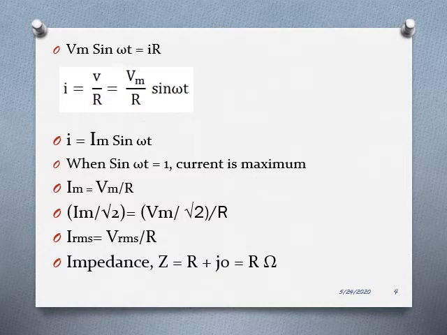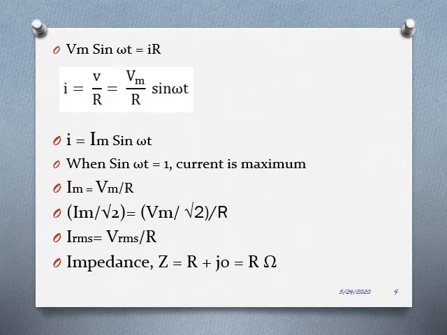So thus by dividing that equation by square root of 2 on both sides, we get IRMS is equal to VRMS divided by R.